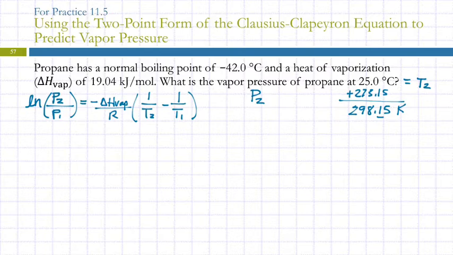Now, we've got the heat of vaporization right there. That's cool. And it says normal boiling point of minus 42. So we have another temperature. So that's going to be temperature 1. And we have to convert that to Kelvin also. So 273.15 plus negative 42 is 231.15 Kelvin. But what is the vapor pressure at that temperature?